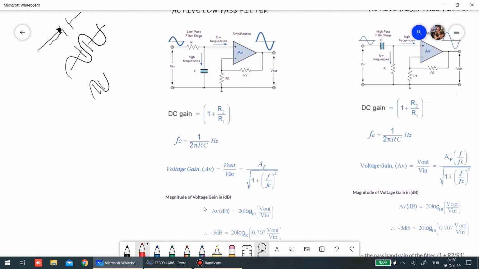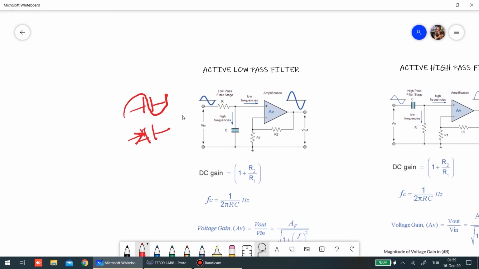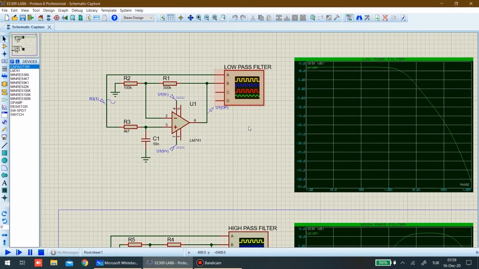Now, we have a Proteus circuit for each filter. Here's our low pass filter, and here is our Bode diagram.